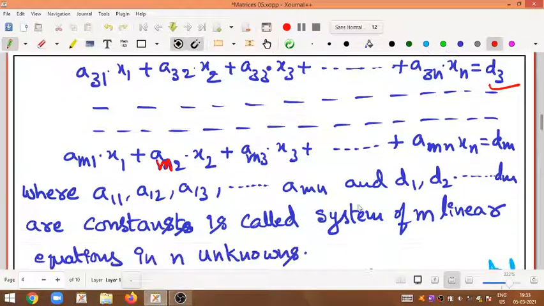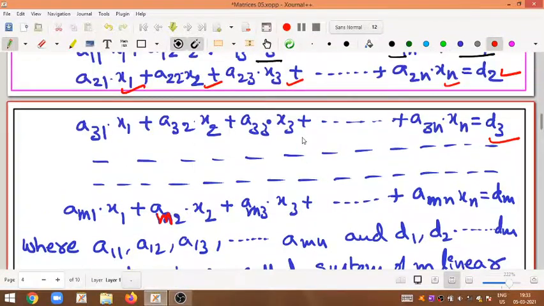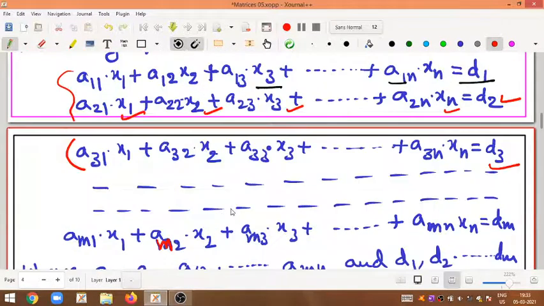This system is called m linear equations in n unknowns. This total system is called what?